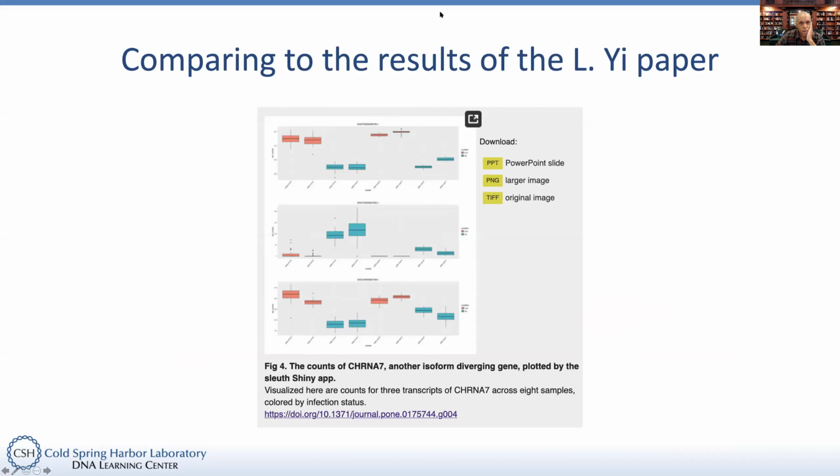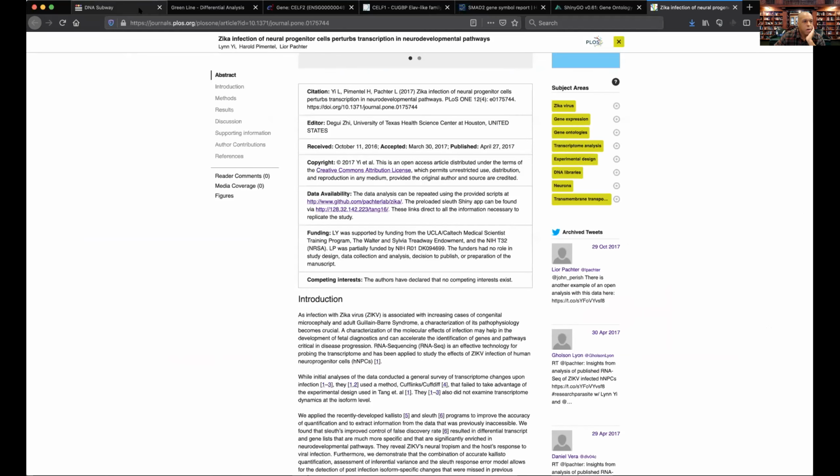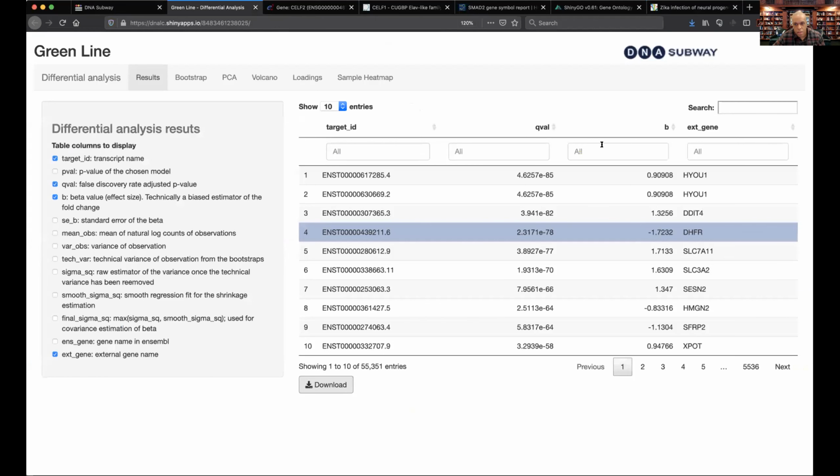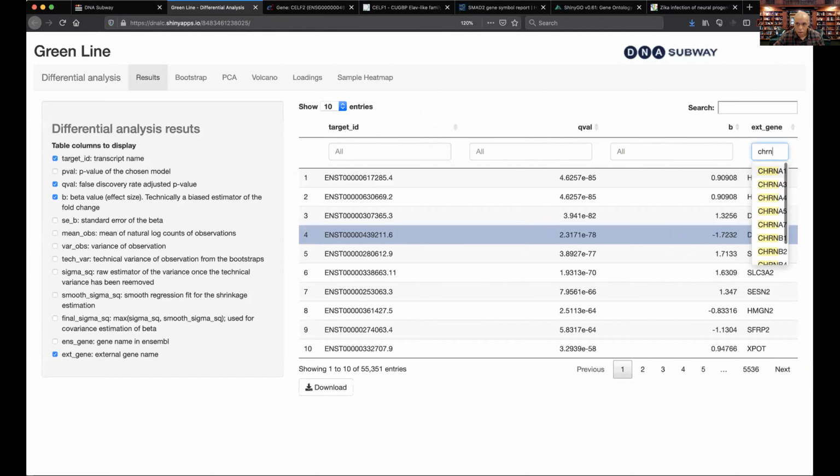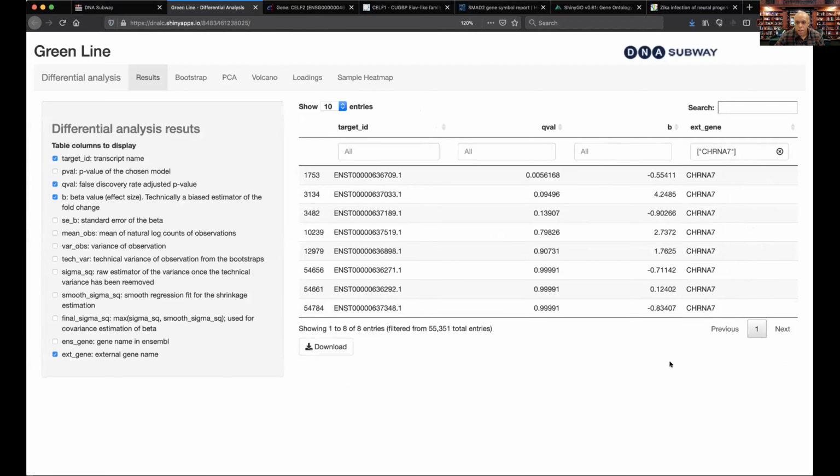So what I'm going to do, I'll come back to Excel in a moment, but CHRNA, go back to DNA Subway, rather slip this and 7. When we search for it, thankfully it goes ahead and it filters down our results to just those genes.